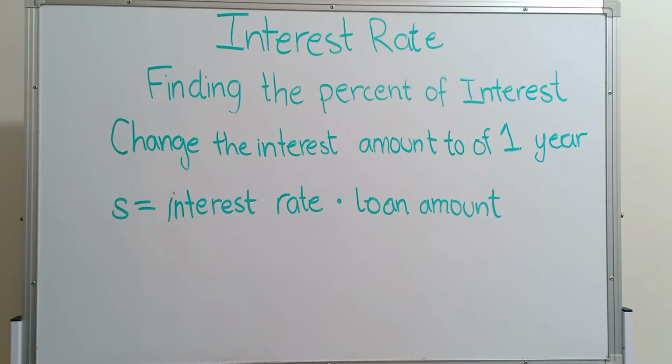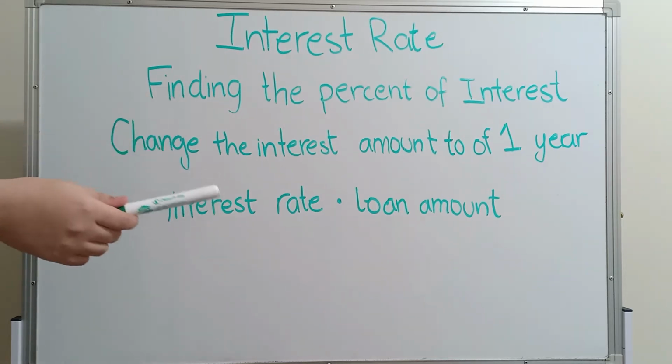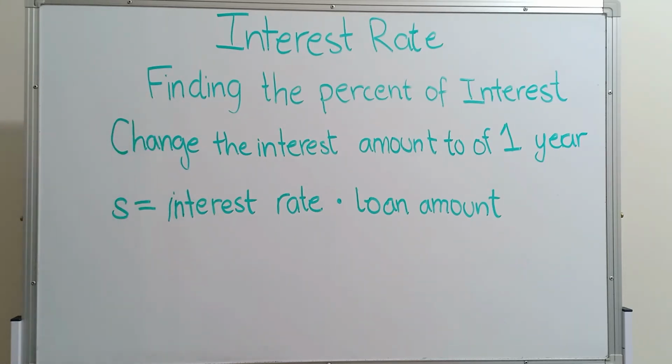So let's just go over the formula. First of all, we need to change the interest amount. Since we will be given the interest amount, we need to change it to 1 year. If we are given it for 5 years, we need to change it to 1 year. Even if we are given it for 1 month, we need to change it to the interest amount of 1 year.